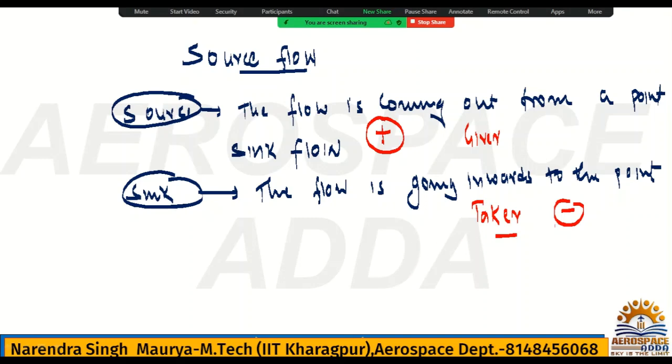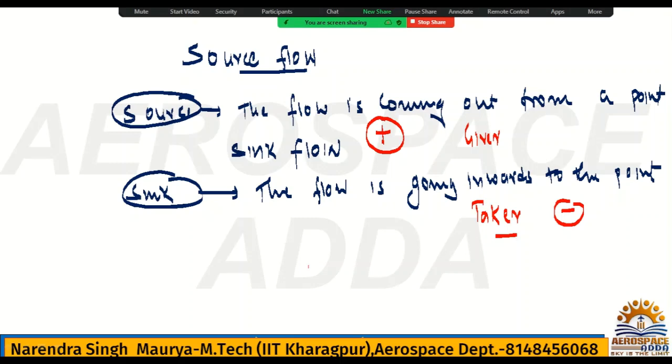So this is always negative, sink. We can denote this source and sink. In very short, I am trying to finish the topic, because it's very lengthy actually, and it will take more time if we go in this way. So I am trying to shorten it as much as possible.